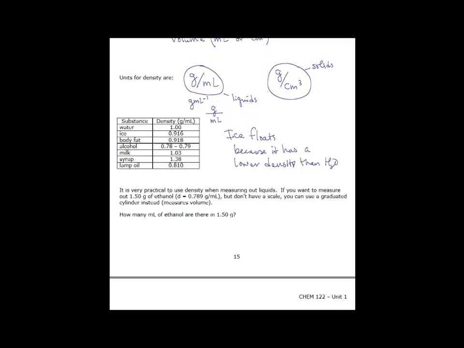So there are two ways to set this up. I'm going to go through the first way. It's just like a conversion problem. Now, think of density as a conversion factor. But it's not an exact number because it is measured. It's a measured number. So you need to count those sig figs.